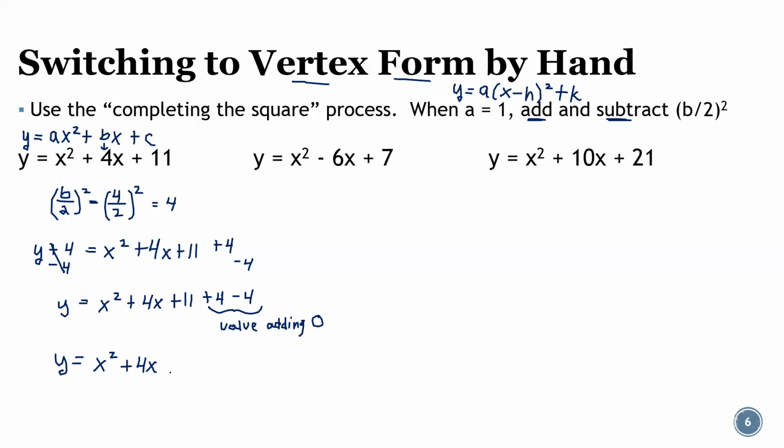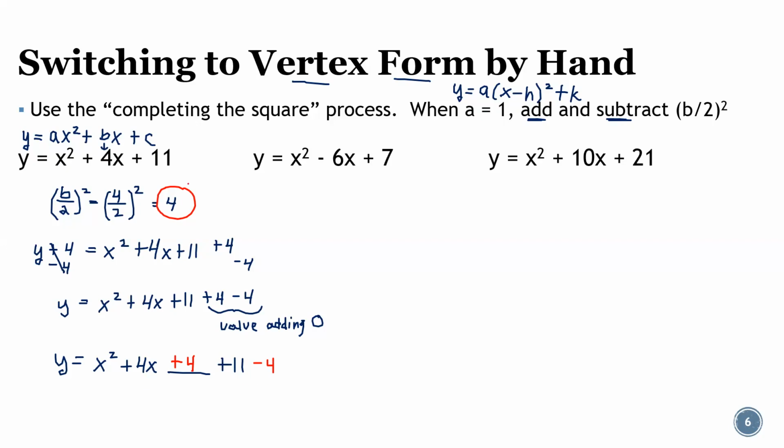I'm going to leave some space, and then I have my plus 11. In my space, I am going to add in the 4. So this 4, remember that we calculated right here, I'm going to put plus 4. And then to keep the equation balanced, at the end, I will put minus 4. Why would I do it this way?